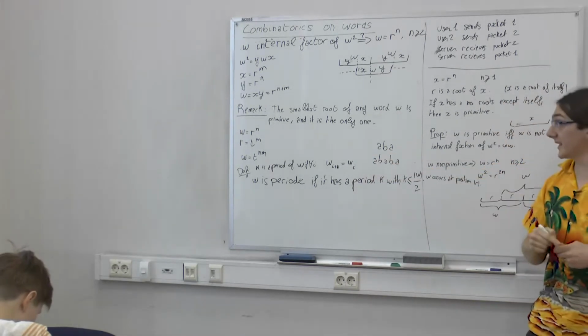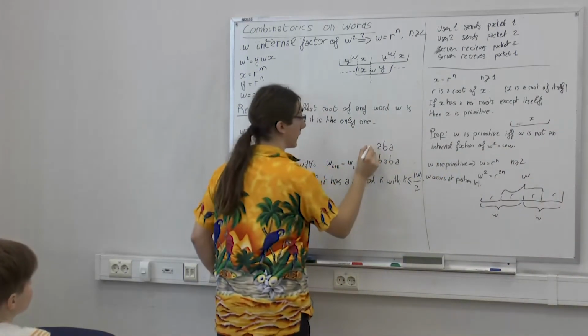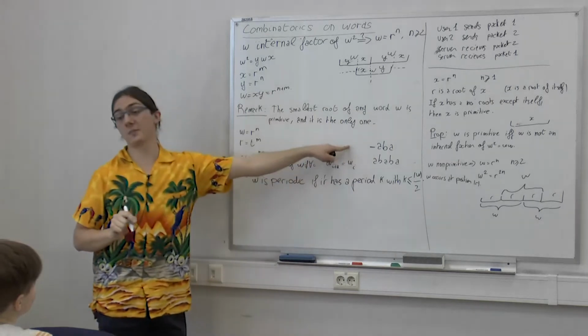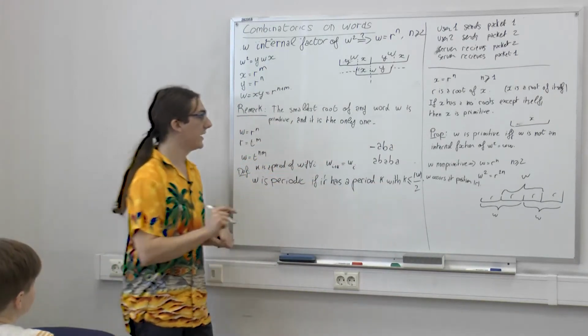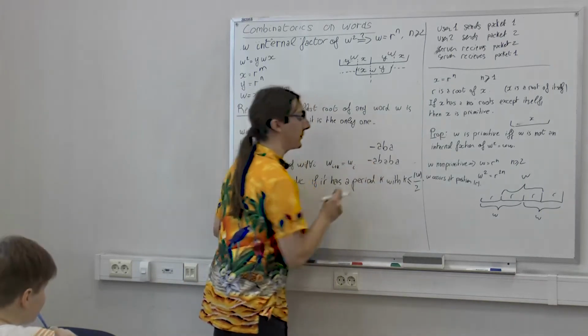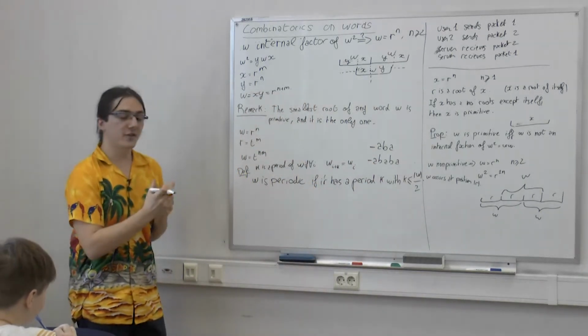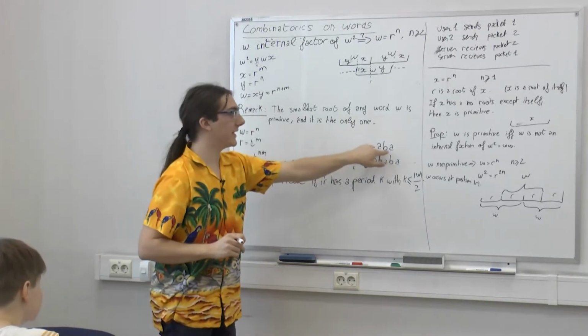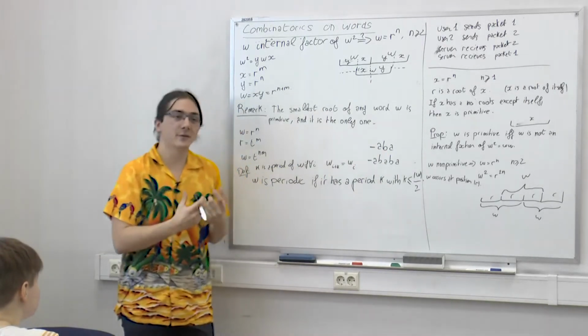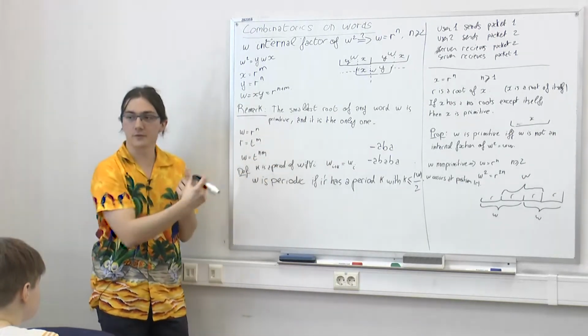So in this example, you have period 2, but you're not periodic, technically, because we say the word is periodic only if it has a period which appears at least twice. It is weird to say that this word would be periodic if you see nothing twice. You expect to see something several times in a row if you say something is periodic.